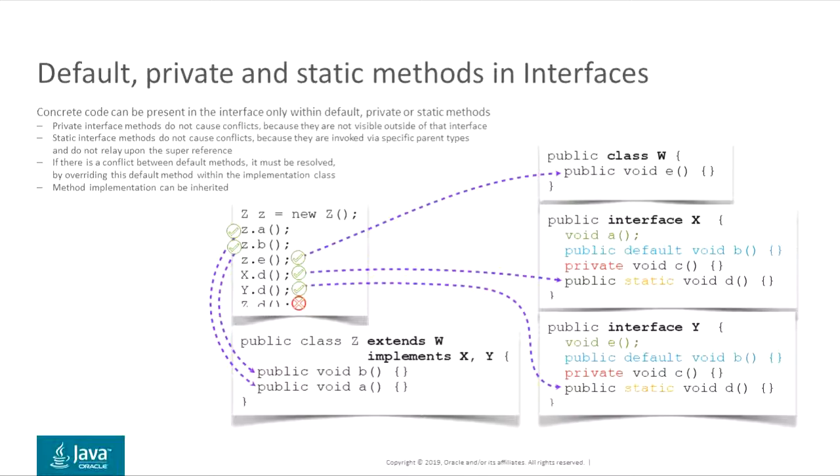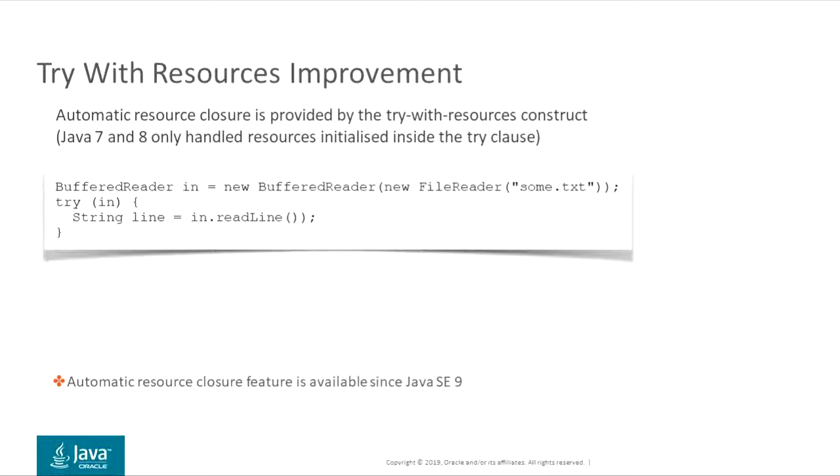Okay, now, another small improvement in your code is try with resources. The try with resources has been available before, in Java 7 and 8, but the new thing about it in SE9 is that you can actually declare and initialize a variable that you would like to use in a try with resources before the try block, and yet it will be correctly closed in the finally.